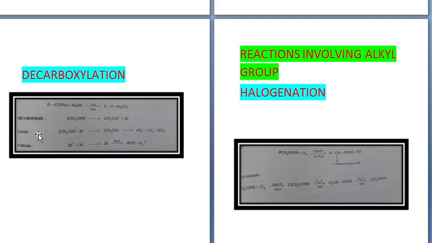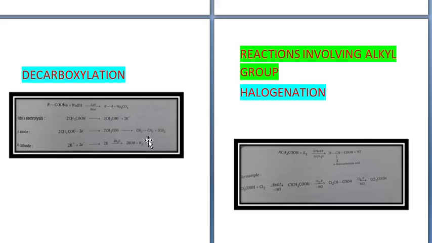Even Kolbe's electrolysis works on the same principle. 2CH3COOK splits into 2CH3COO minus plus 2K plus. Then at anode, this 2CH3COO minus gives 2 electrons and makes 2CH3COO, which splits into CH3CH3 plus 2CO2.